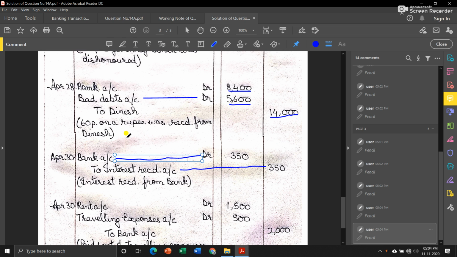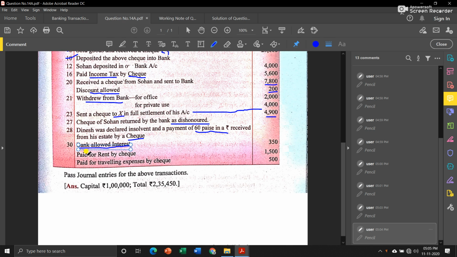Since interest received account is a nominal account, and according to the nominal accounts rule, credit all income or gain.